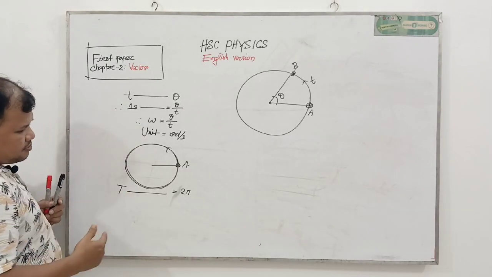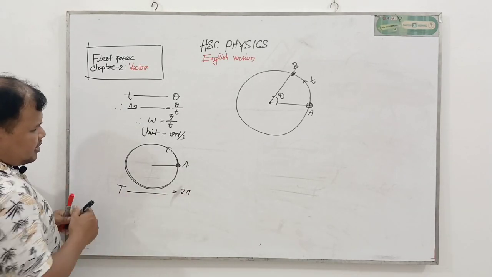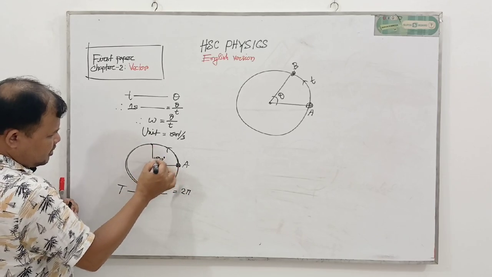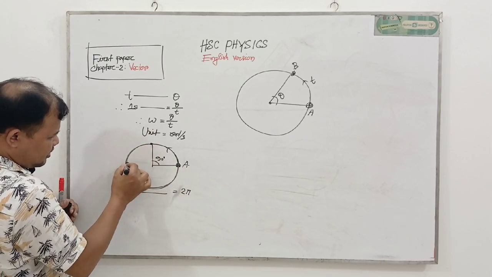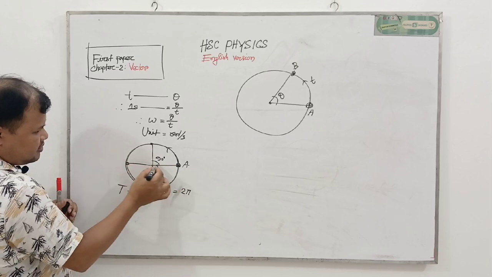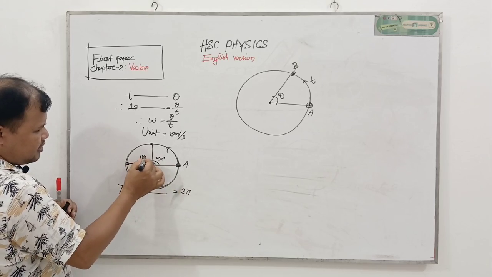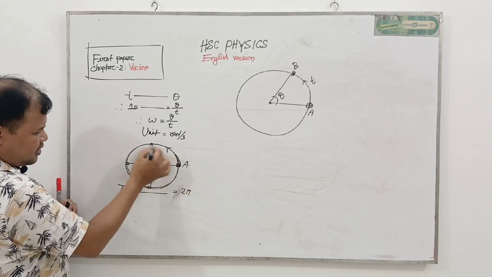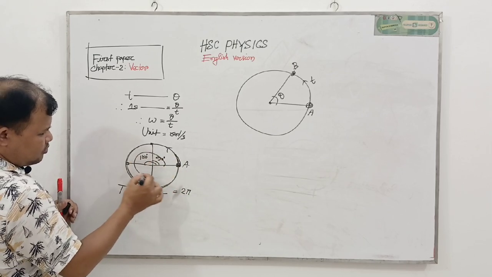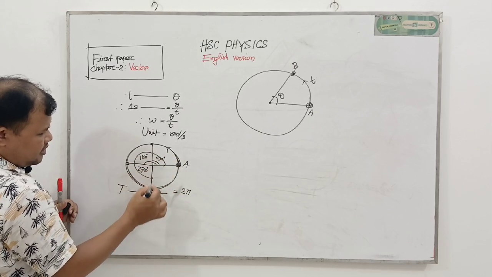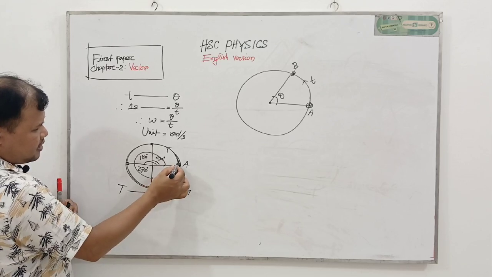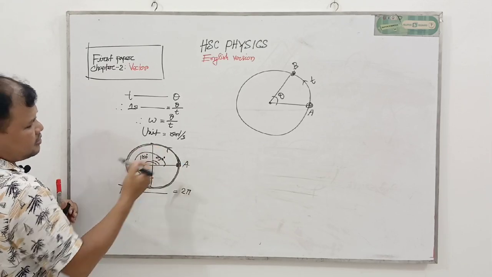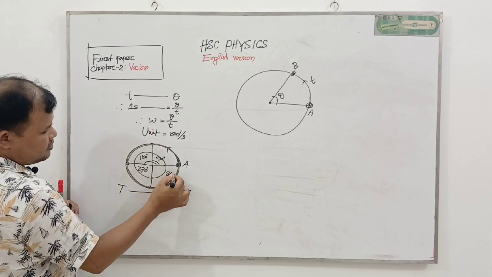If this body comes here, the angle will be 90 degrees, and if it comes from here to here, the angle will be 180 degrees. Again, from here to here, the angle will be 270, and from here to here, the angle will be 360.